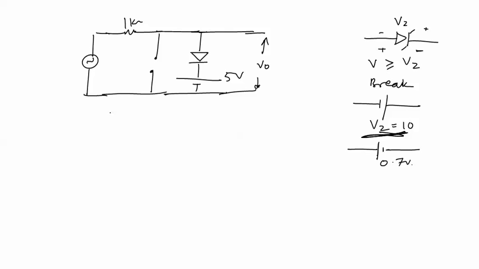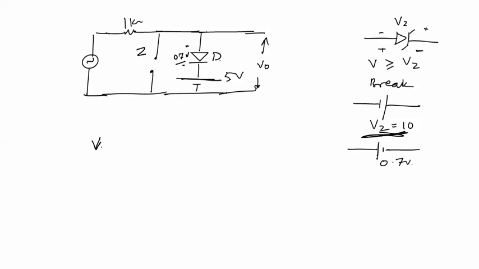Now if Vi increases and becomes greater than or equal to 5 volt, then this diode D can be forward biased, but it is given that the diode has a forward drop of 0.7 volt, so it will require 0.7 volt extra to become forward biased.